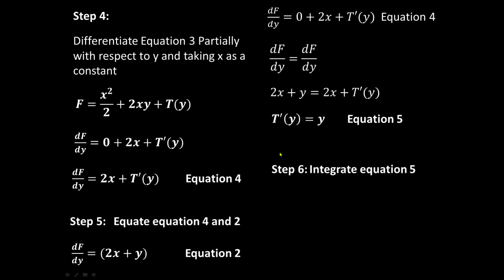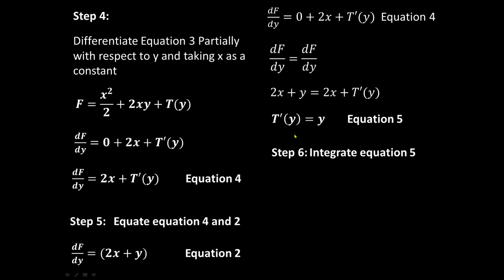So step 6, integrate natin ngayon ang equation 5. Kung ano yung makukuha mo sa equation 5, kailangan integrate mo siya. Now, if this is our equation 5, we're going to integrate both sides. Can you follow? Bakit naging integral of t prime of y is equals to y dy? Siyempre, kapag in-integrate mo, kailangan may dy ka doon.